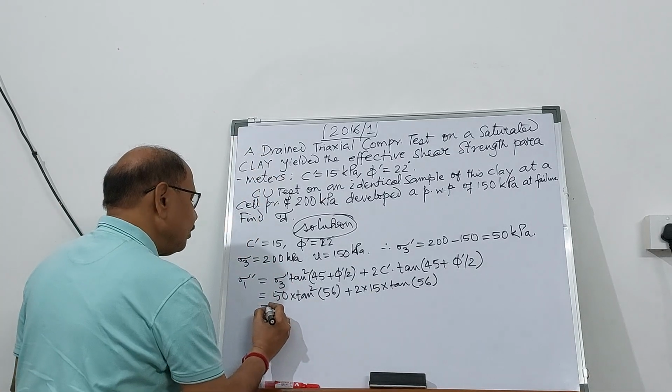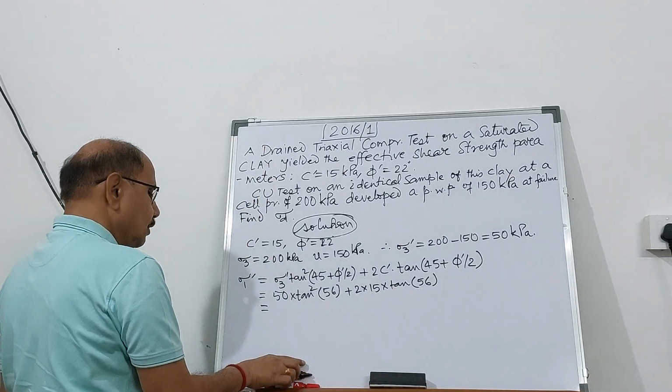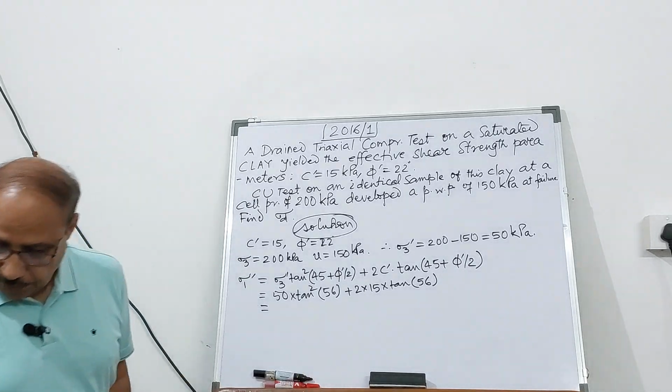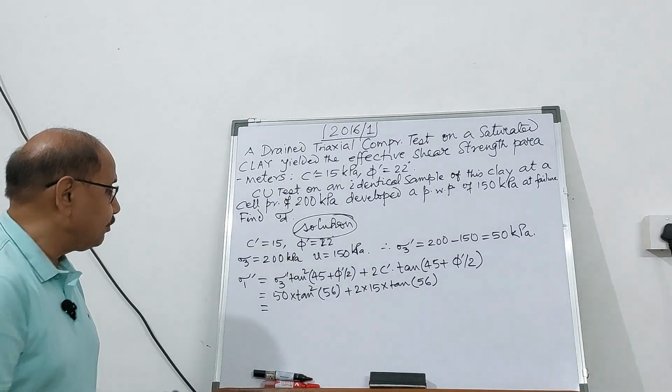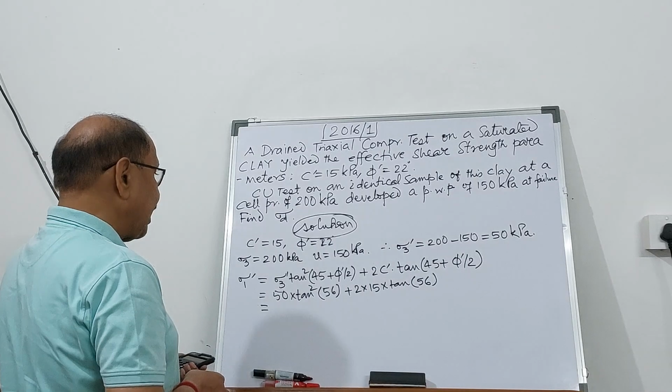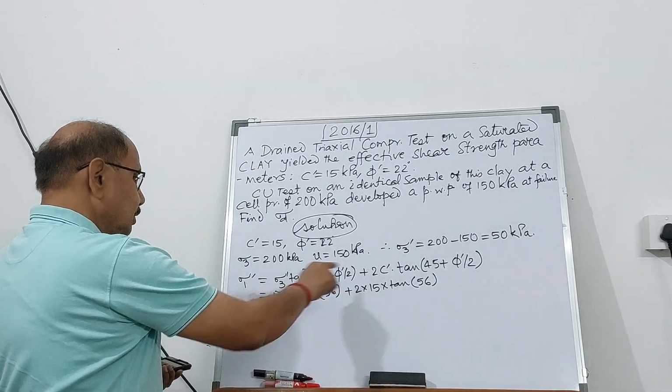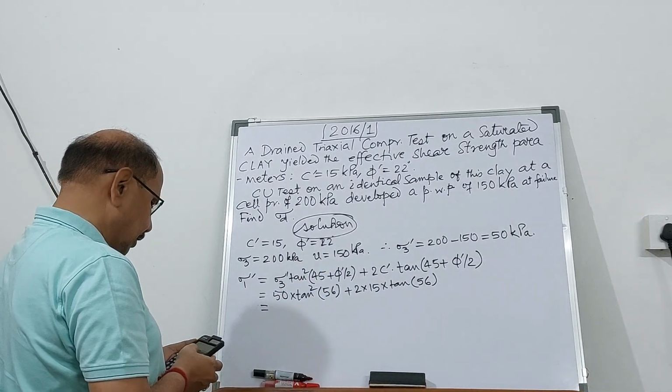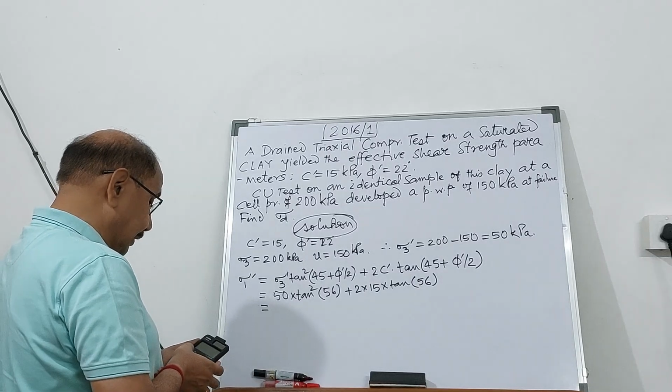So if you simplify this, you will be able to get the value of sigma 1 prime based on this equation. The relationship is already explained in detail.